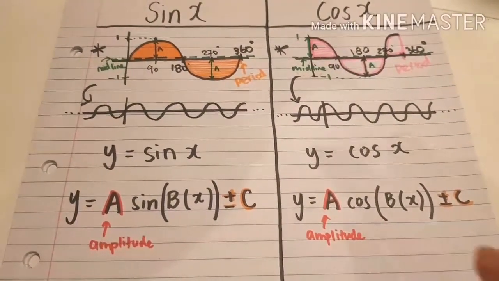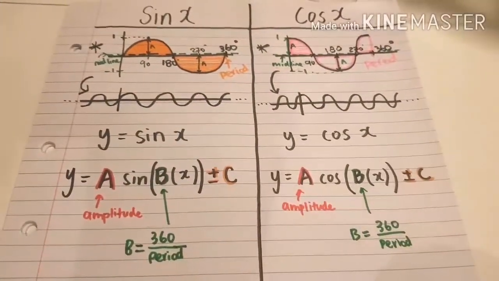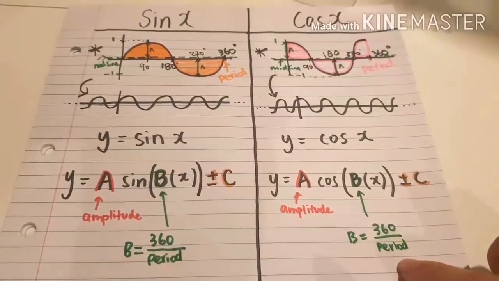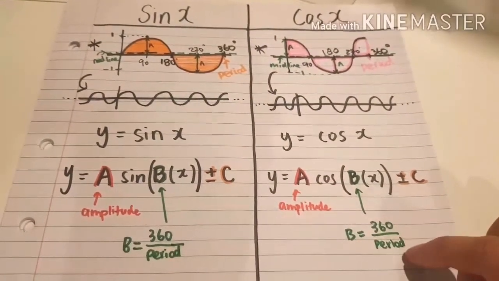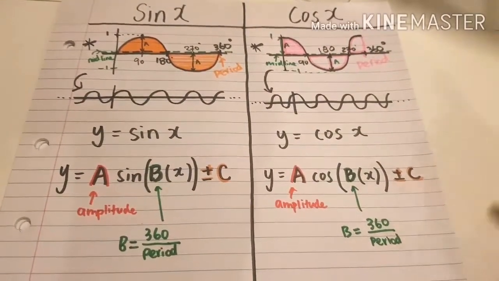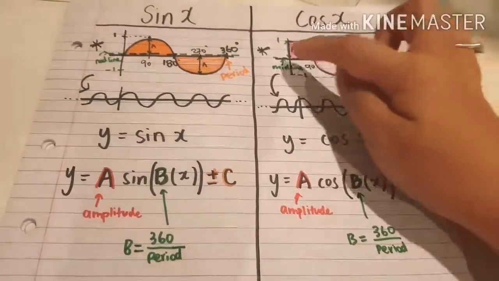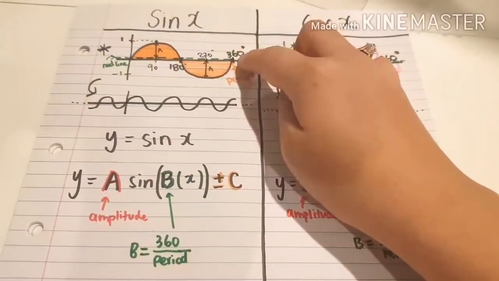And lastly B. Here's a calculation to find the B value. It's always 360 divided by whatever the period is of that question. In this case, my one full period is 360.